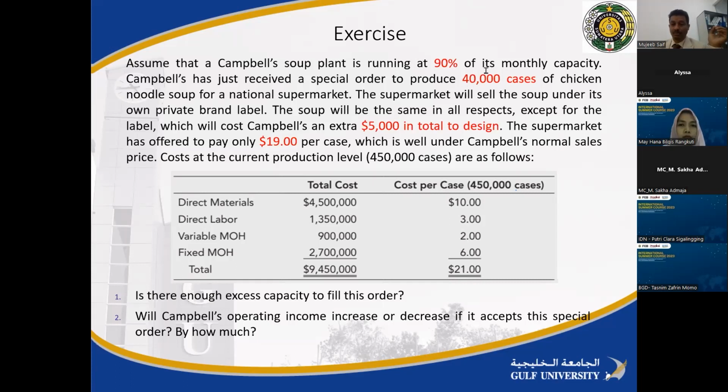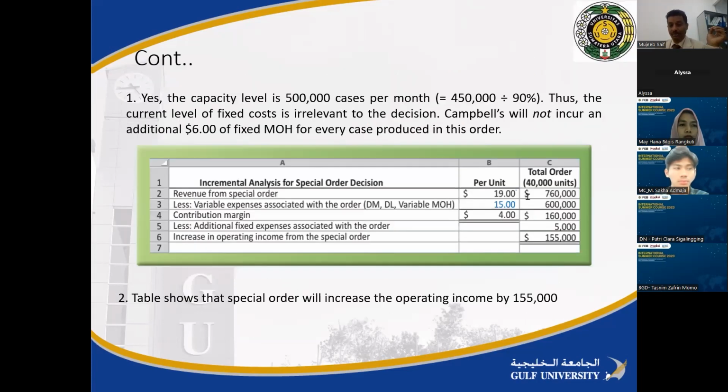So this managerial accountant says, if we accept this order, our sales will increase. We will sell 40,000 pieces, and the customer will pay 19. So 40,000 multiplied by 19, our sales will increase by 760,000.